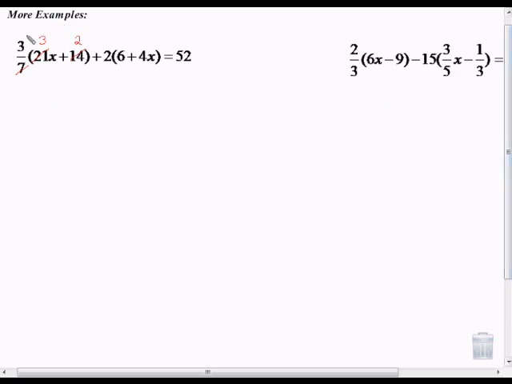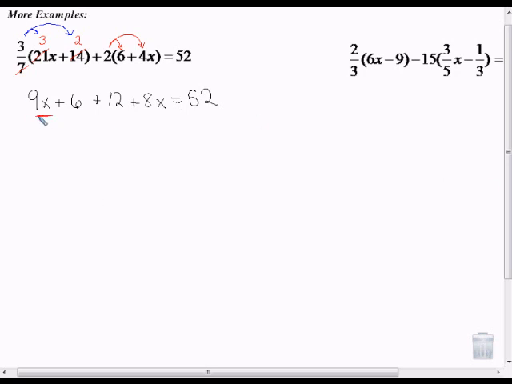After I've done that division, then I'm going to multiply this 3 in. So 3 times 3 is 9. 3 times 2 is 6. Then I just have a straight distribution here. So 2 times 6 is 12, and 2 times 4x is 8x. That equals 52.